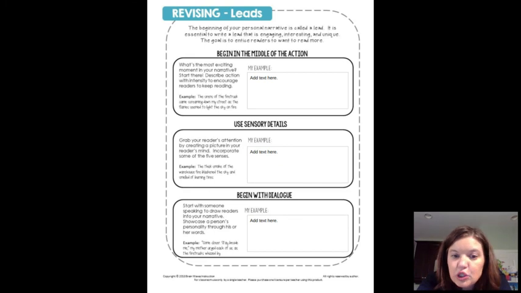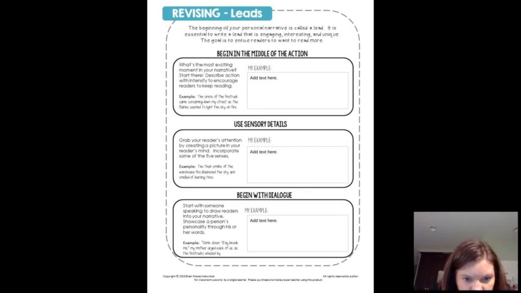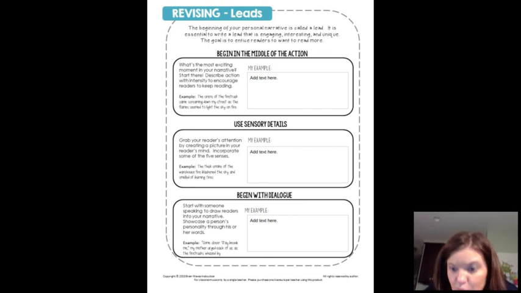The last one is to begin with dialogue. So you can start with someone speaking to draw the readers into your narrative, and it showcases a person's personality through his or her words. So this one says, "Come closer. Stay beside me," my mother urged each of us as the fire trucks whizzed by.